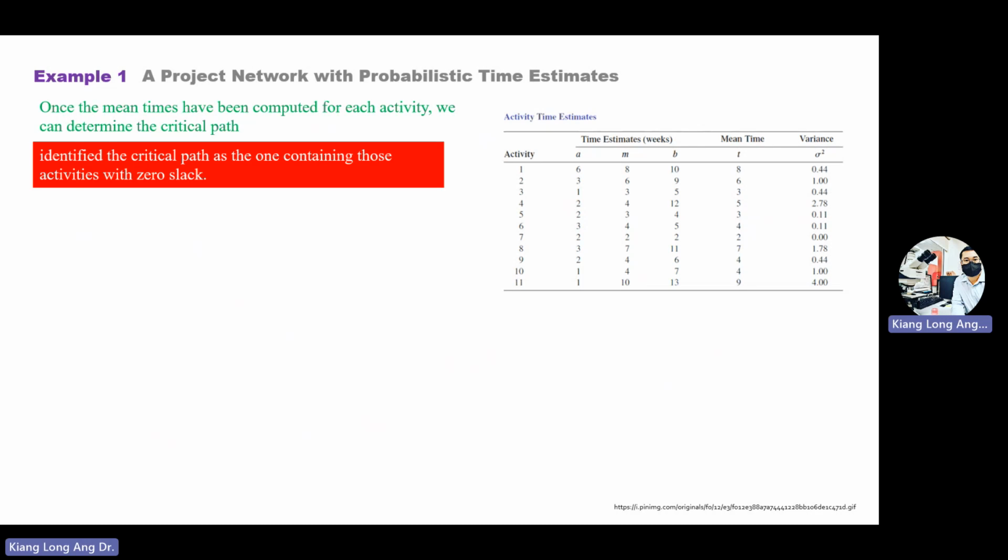Number 2, straight away you build 6 boxes, the rubrics. Then you see whether the middle box is the same or the last 2 boxes are the same. Then they are the critical path components. Another one is you find the slack time. Those equal to 0 will give you the critical path.